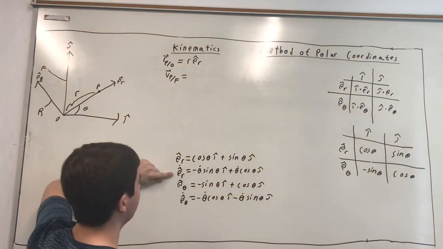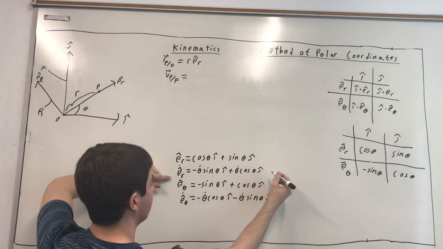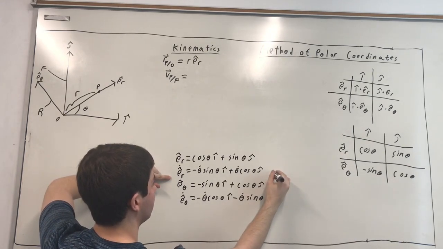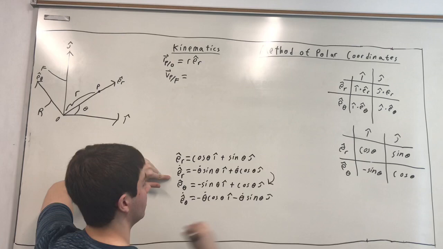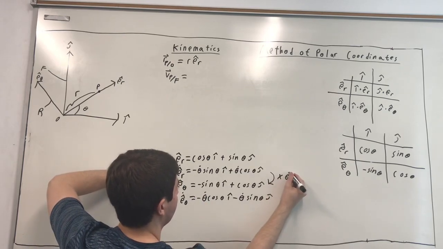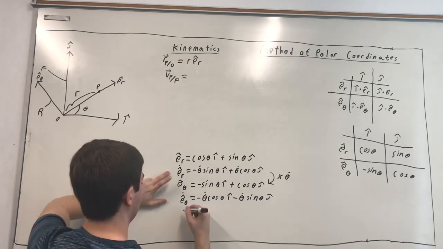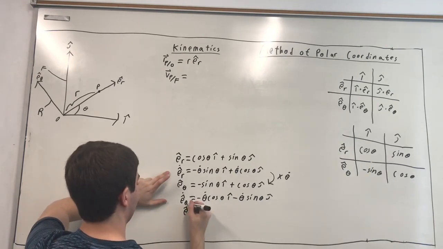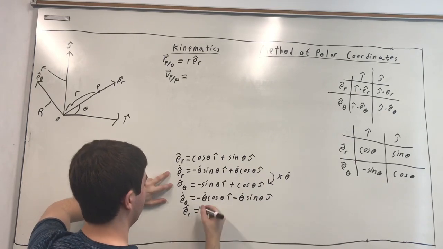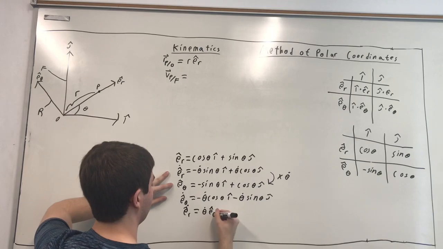So you look at e hat r dot, and you're like, wait a second, this is kind of the same as this, if it was multiplied by a theta dot. So that's how you get e hat r dot equals theta dot e hat theta.